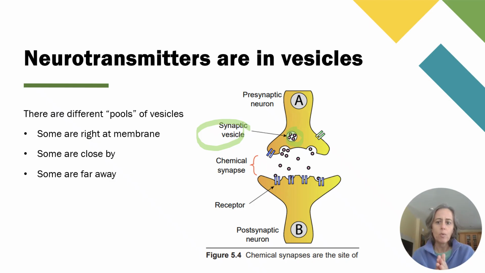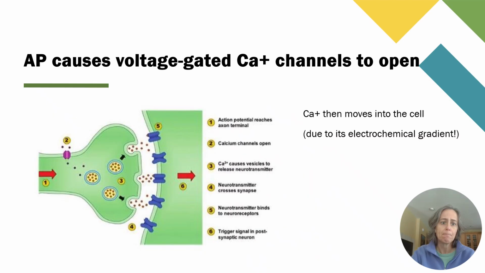I just want you to know that some are really close to the membrane, they're ready to go. Some are relatively close, but a little bit farther away, and some are pretty far away. That's going to become important later on when we want to understand neurotransmitter release for different types of pathways, and how sometimes it's really easy and quick to get those neurotransmitters out there, and other times it takes a bit more work. If they're farther away, it's going to take more work to get the neurotransmitters out. So just keep that general concept in mind.